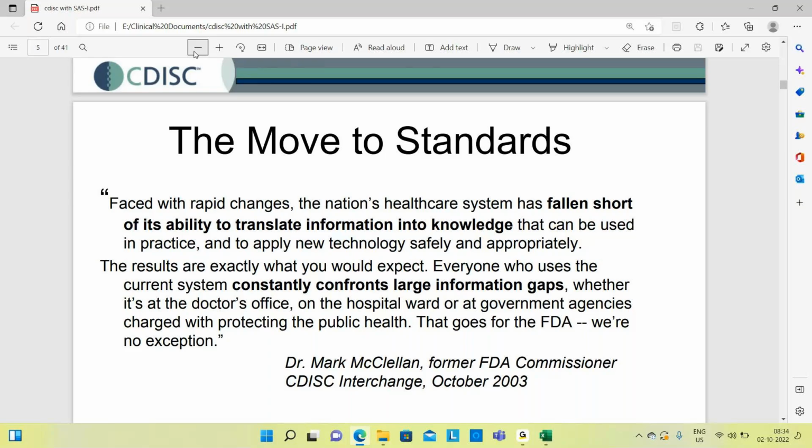So now you can see here, faced with rapid changes, the nation's healthcare system has fallen short of its ability to translate information into knowledge that can be used in practice and to apply new technology safely and appropriately.